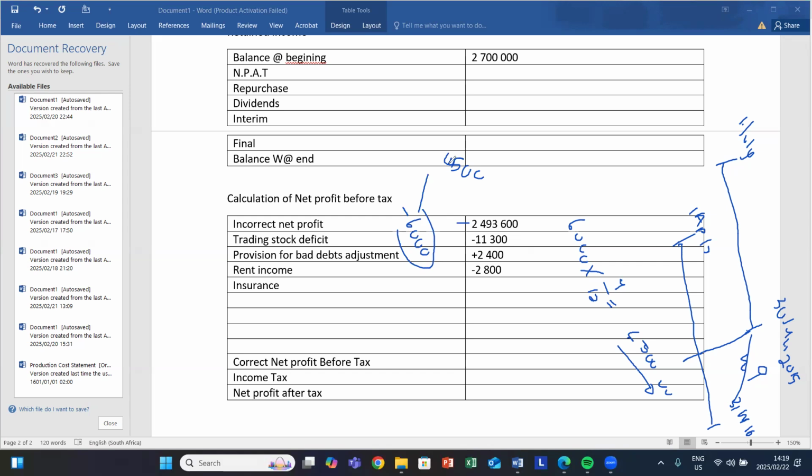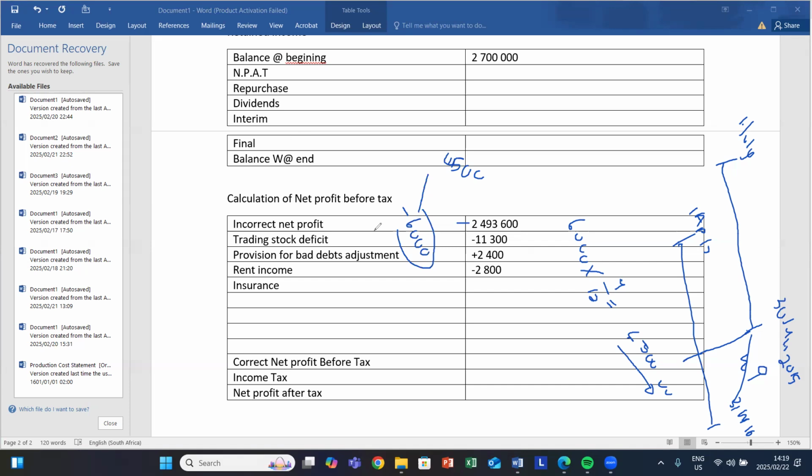Remember that when they calculated the net profit before tax, already they minus 6,000 rand, in which they were not supposed to minus the whole 6,000 rand. For 2,493,000, they're not supposed to minus 6,000 rand. You're supposed to minus what? Only 1,500.